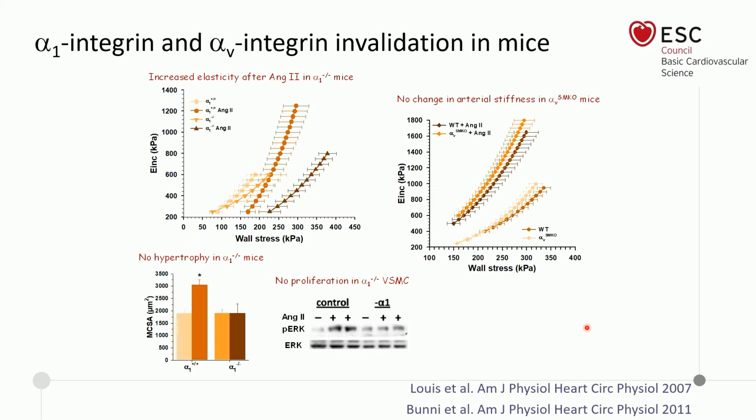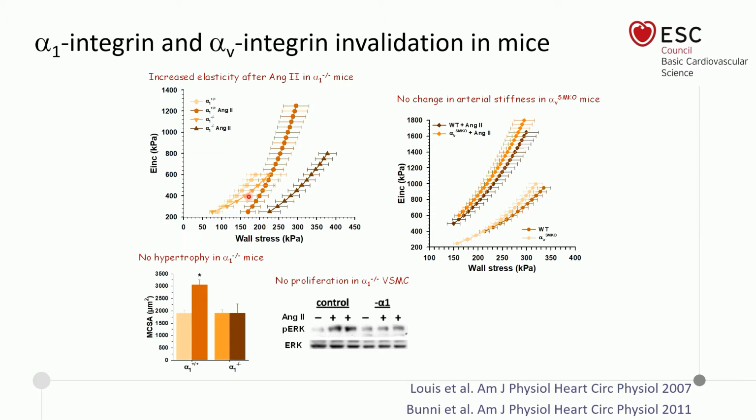If we look, for example, at alpha-1 beta-1 integrin receptors, which bind collagen, we can see in mice invalidated for this integrin, at baseline in orange, there is no modification of arterial stiffness.